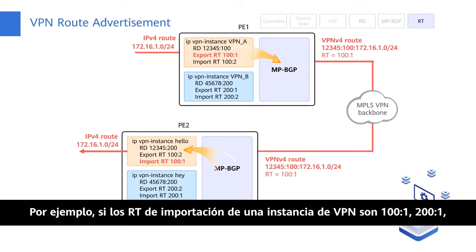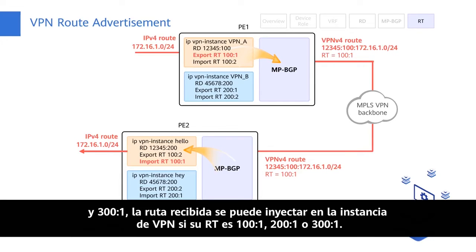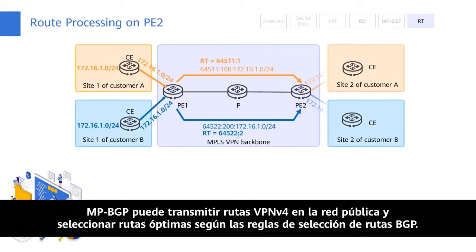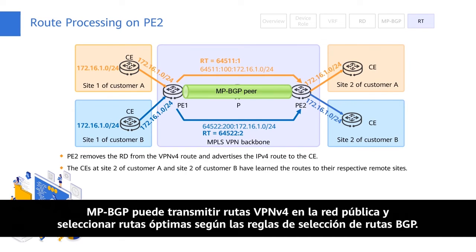For example, if the import RTs of a VPN instance are 100:1, 200:1, and 300:1, the received route can be injected to the VPN instance if its RT is either 100:1, 200:1, or 300:1. With RDs, MPBGP can transmit VPNv4 routes on the public network and select optimal routes based on BGP route selection rules.